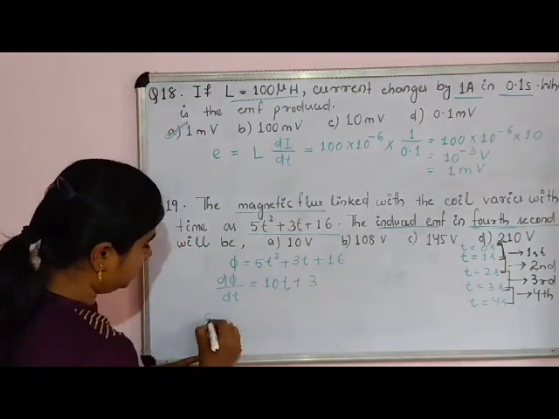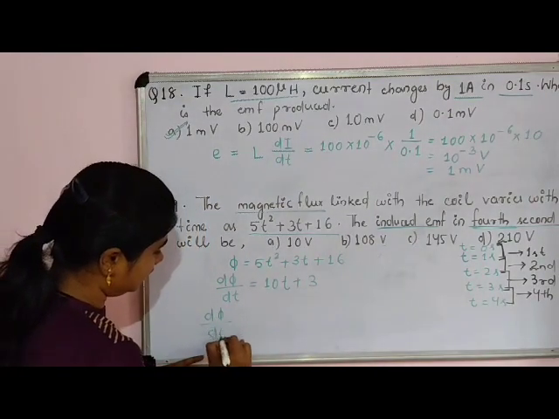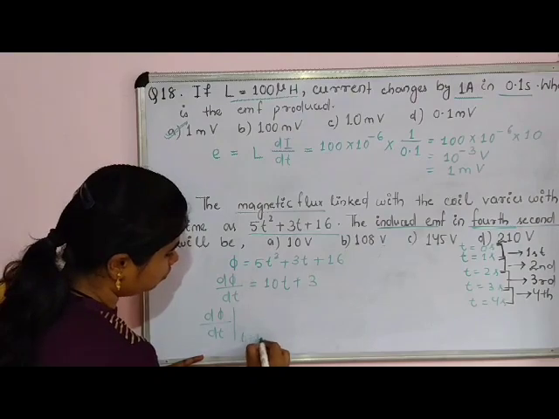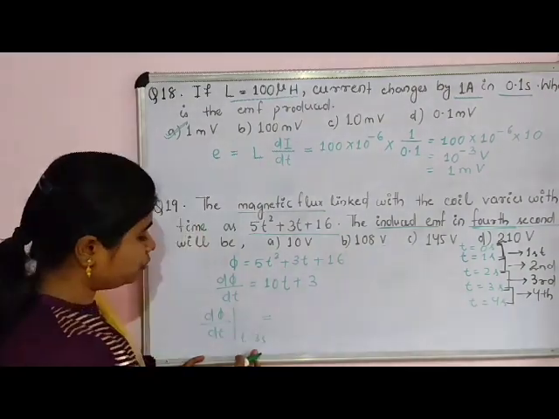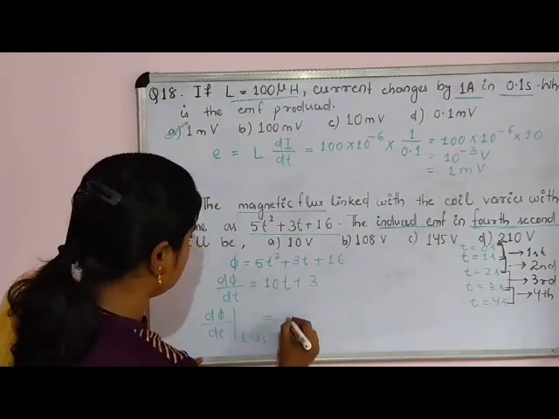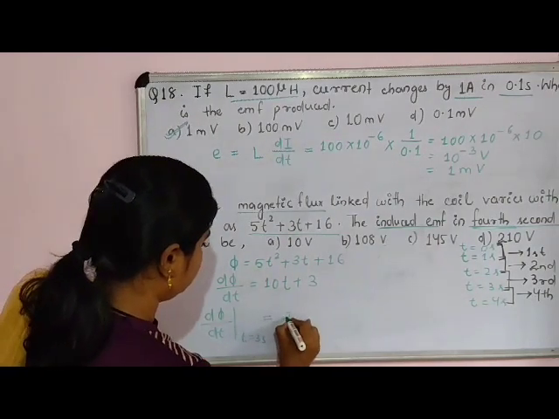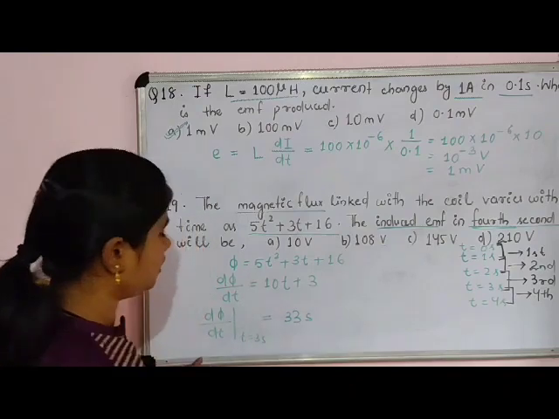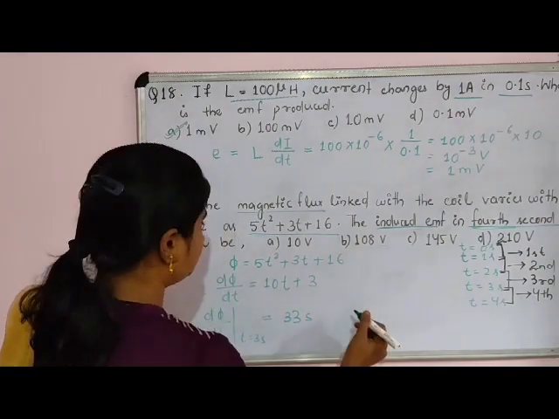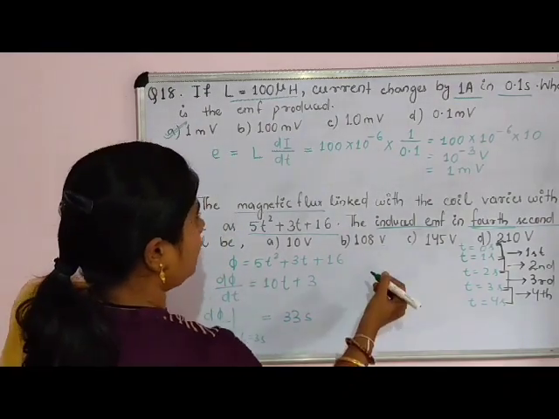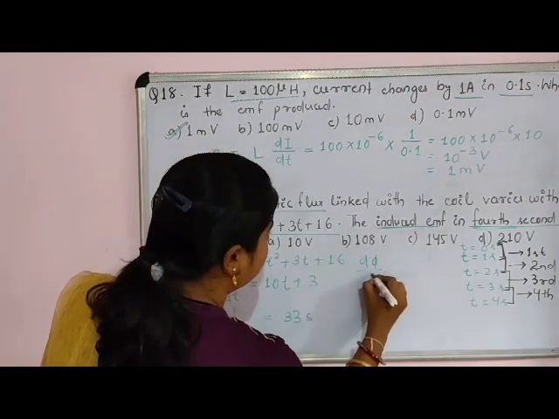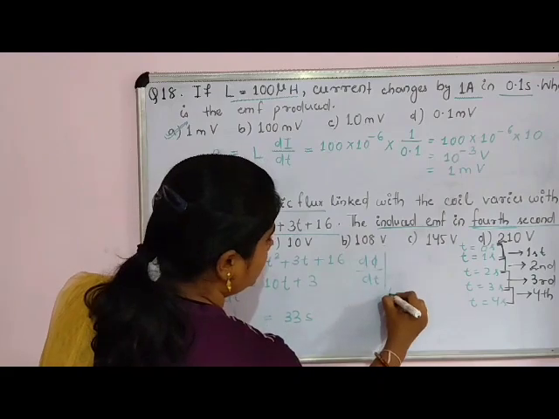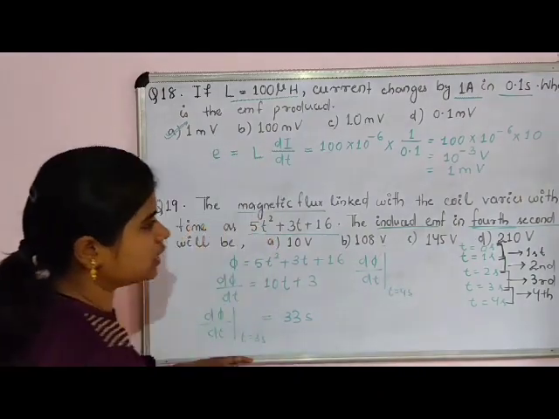Now d phi by dt at t equal to 3 seconds, in place of t we put 3, will be 33 Weber per second. Next we need to find d phi by dt at t equal to 4 seconds.